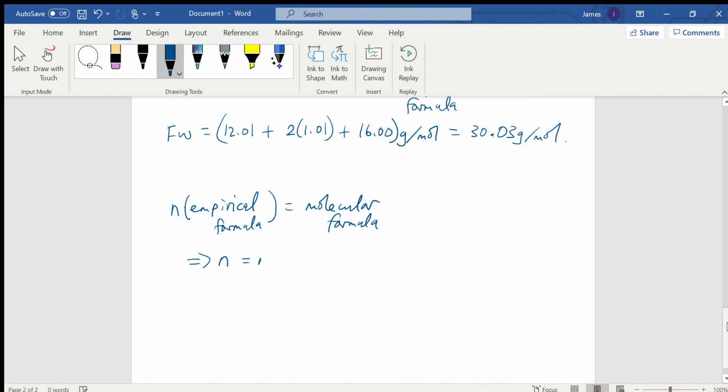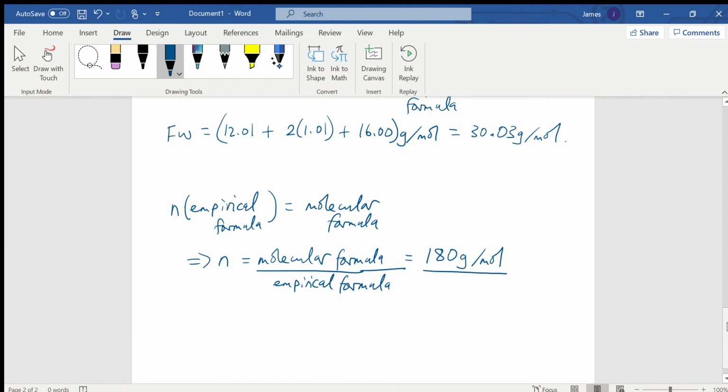So n is the molecular formula divided by the empirical formula. And here we're talking about the masses. Well, the question gives us the molecular weight. It says it's approximately 180 grams per mole.